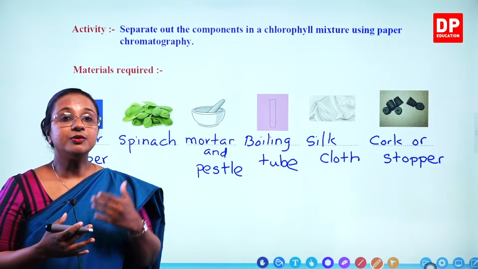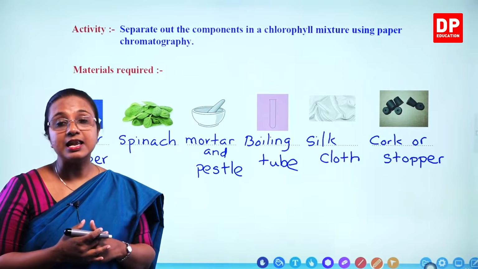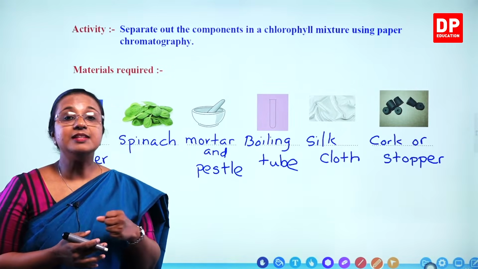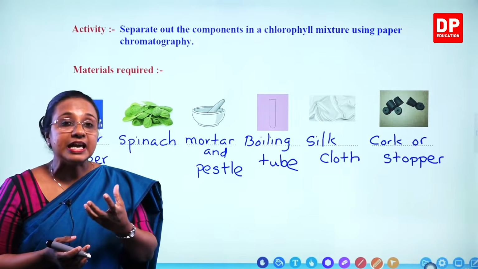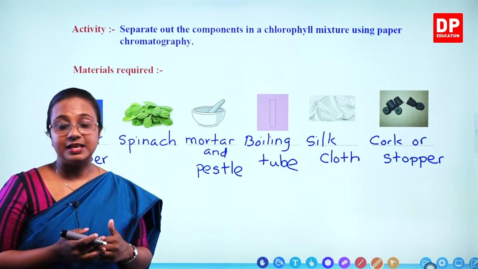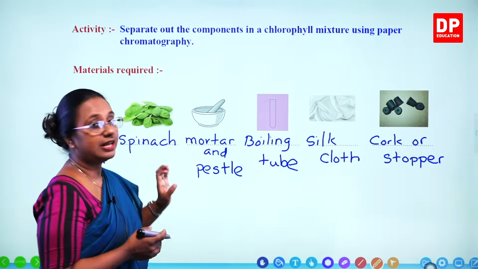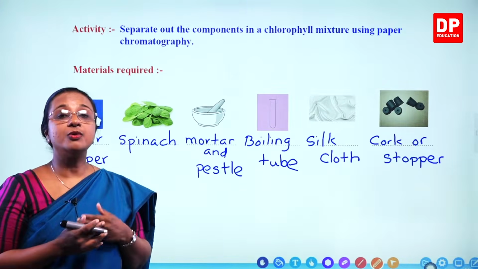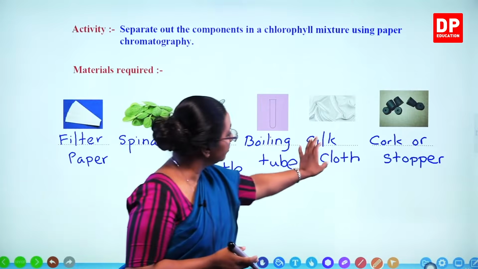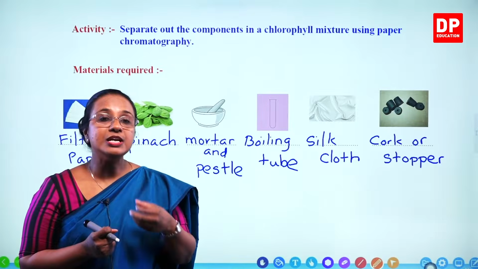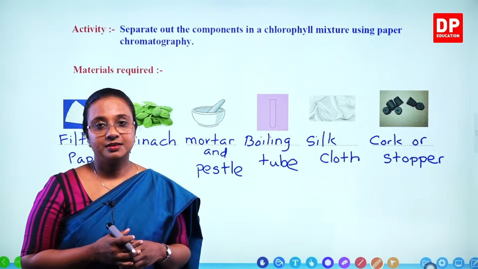So here chlorophyll is a colored component. So when we grind the leaves well, the extract will be green in color, and what we do is we take that extract along with the ground leaf onto the silk cloth and squeeze out only the extract.